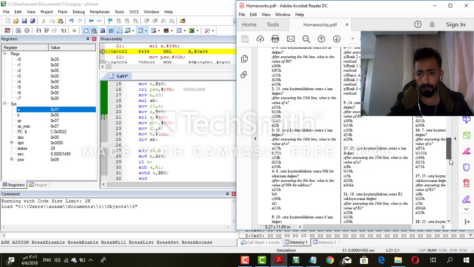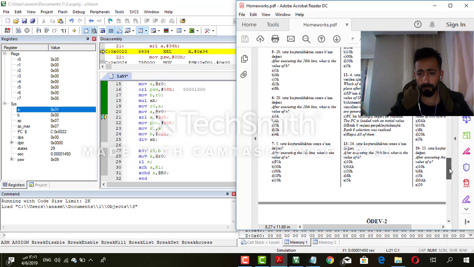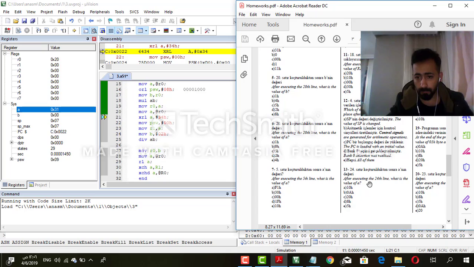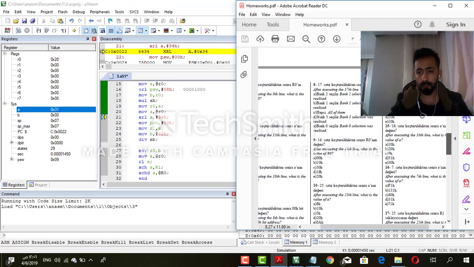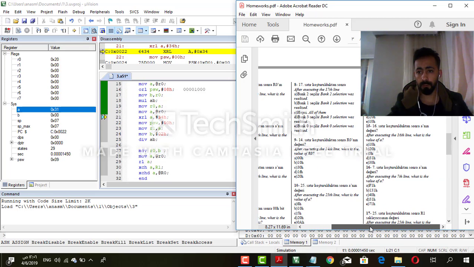So after the explanation, what is the value of A? What's the new value of A? As we see, 31 hex. Next step, we will do x.